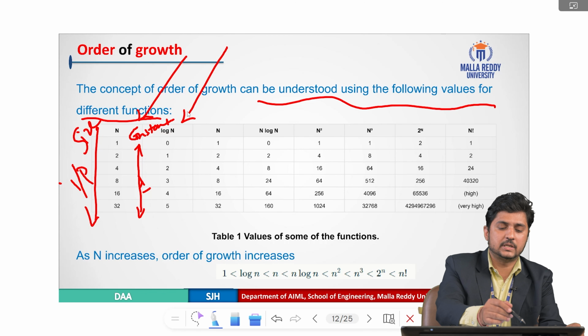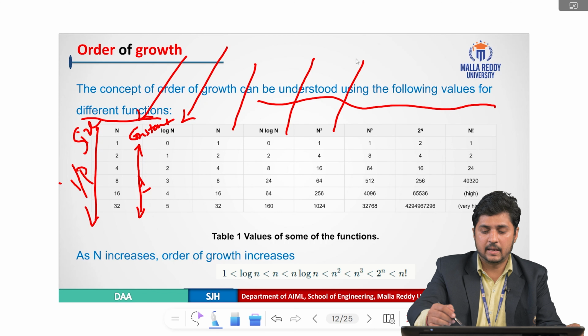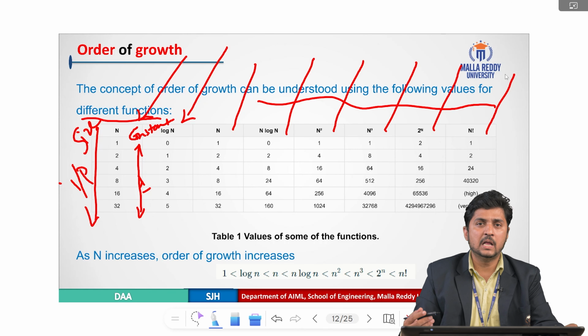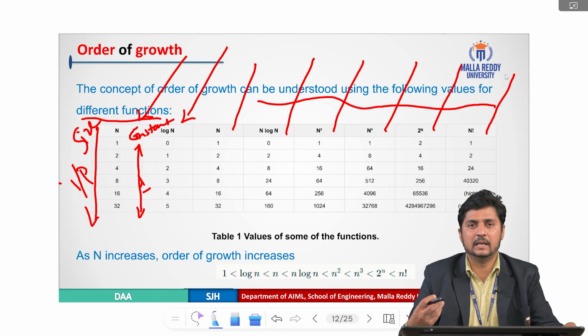Starting with the constant class, coming to the logarithmic class, we see the linear class, n log n class, quadratic, cubic, exponential and factorial. These are the different classes under which we are going to place our algorithms, based on the analysis.